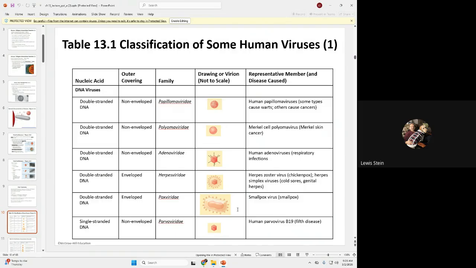HHV1, HHV2, HHV3, 4. Good news, just 5, 6, and 8. So it's only 7 out of 8. Technically, it's all part of the service.